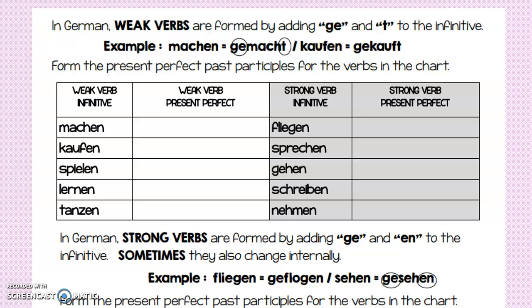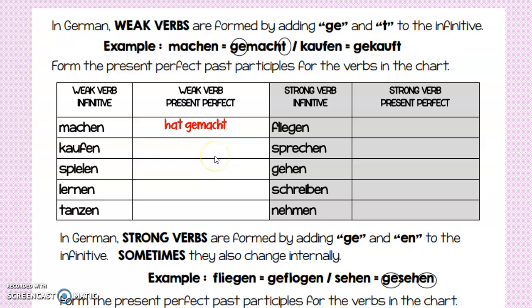In German, weak verbs are formed by adding ge to the front of the infinitive and t at the end. For example, machen becomes gemacht. Kaufen becomes gekauft. So we are going to form the present perfect past participles for these verbs in the chart. These are our weak verbs. Weak verbs add ge to the front and t at the end.